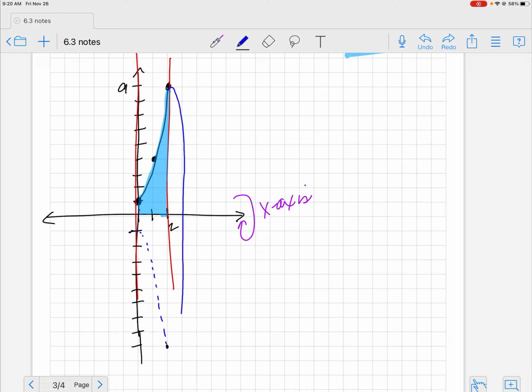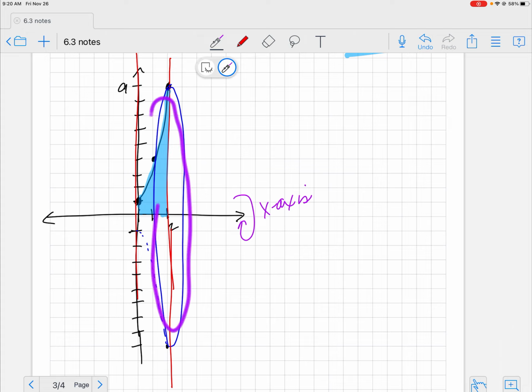I don't know, kind of like that, right? Where I'm swinging this around, you kind of get the idea. And I've got this shaded figure, my whole line here of x equals 2 knocks that off. But this is going to be this circle at the end of it. That's the moral of the story.